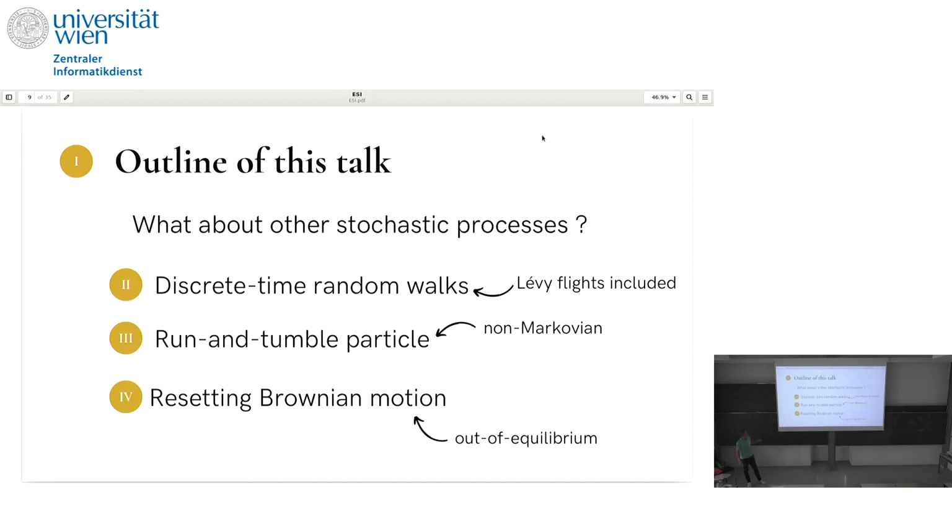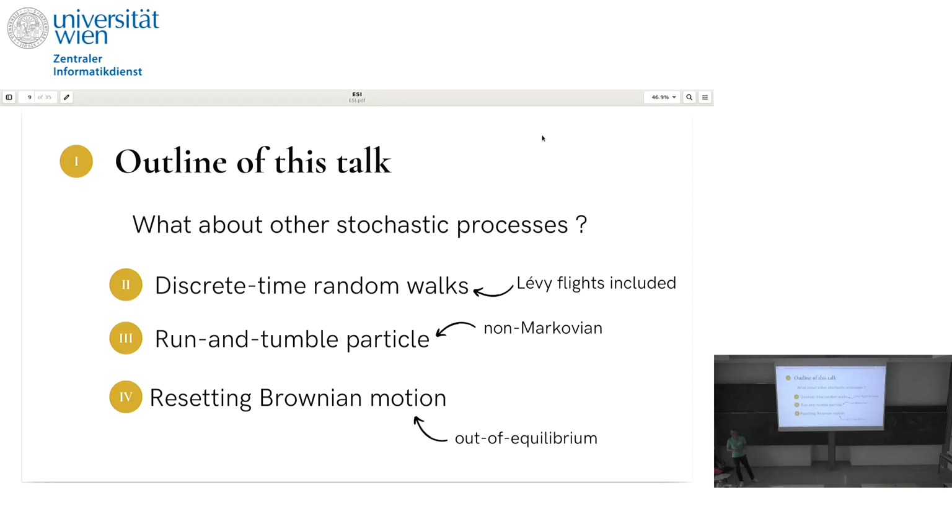We go to the run-and-tumble particle, which is non-Markovian, and we will see how to extend this sort of effective Langevin equation picture to a non-Markovian process. And then finally, we will move to resetting Brownian motion, which contains two sources of noise, one induced by Brownian motion, the other one by the resetting process. And we'll see how we can write such constrained effective equations, and this process is out of equilibrium. We will highlight a nice mechanism that we found by surprise in these sorts of processes, induced by the bridge constraint and the resetting process.